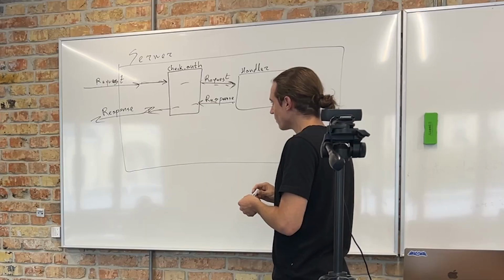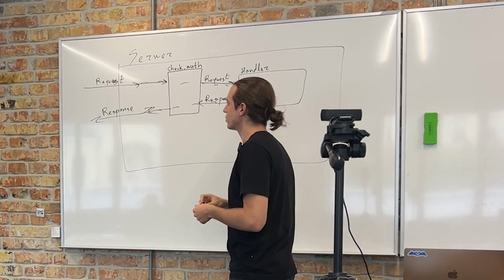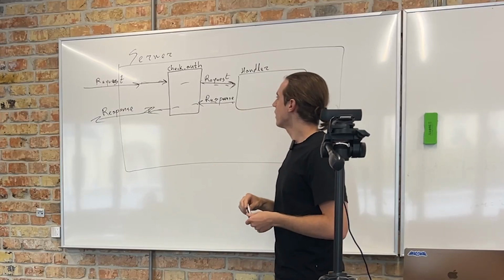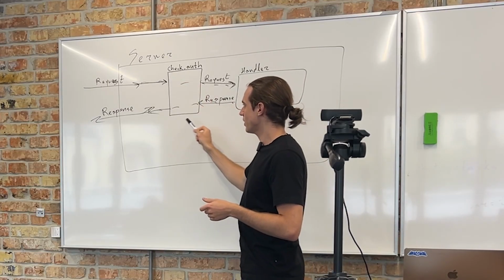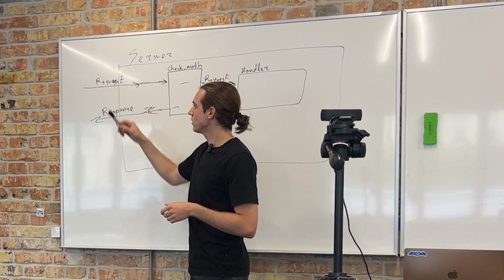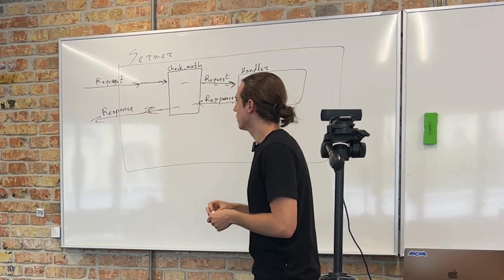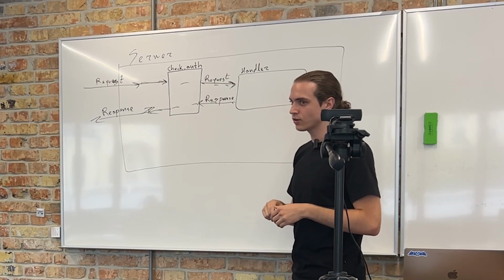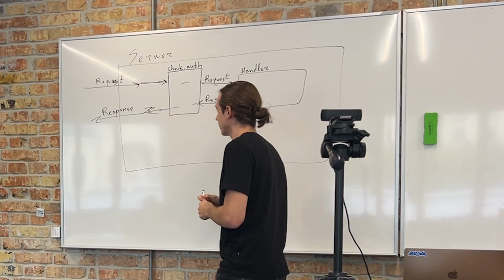So basically, how may check auth work? It receives a request. Inside this method, we check if the user who is performing this request has the authority to call a handler and do some stuff on our server.